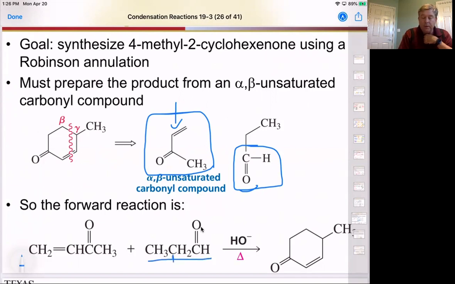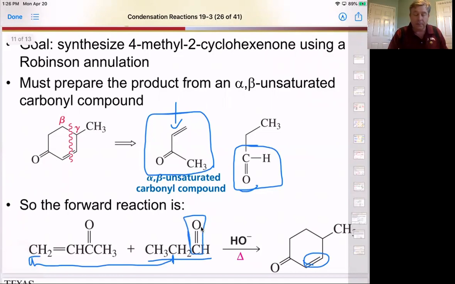It's going to deprotonate here first. This is going to come in and add to our beta carbon. Then that will form our ring and then give us this double bond exactly where the aldehyde was. Okay, let's show you the mechanism of that.